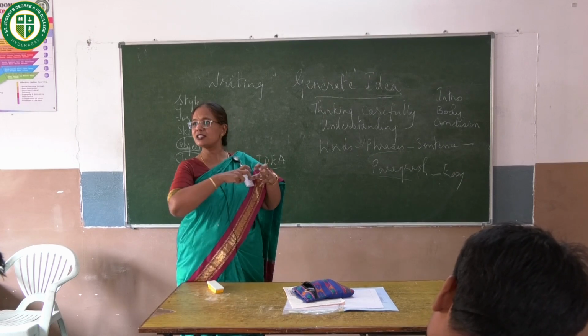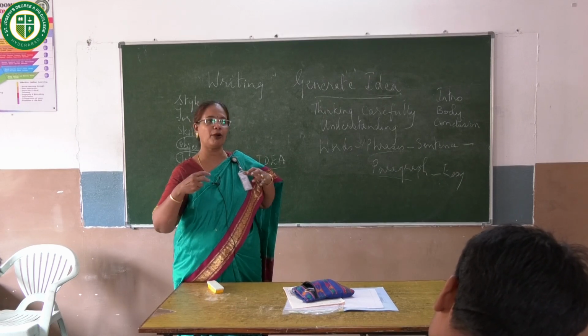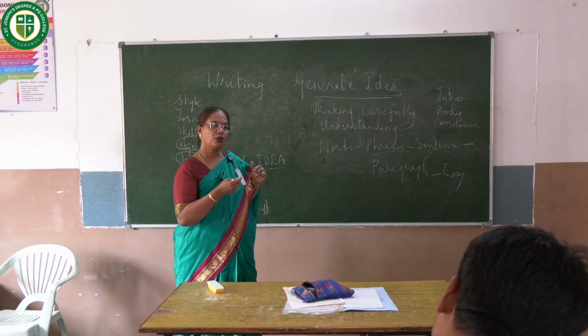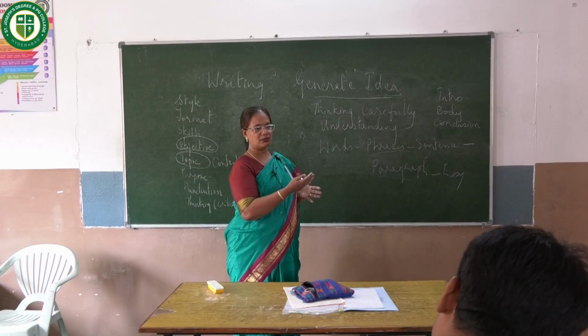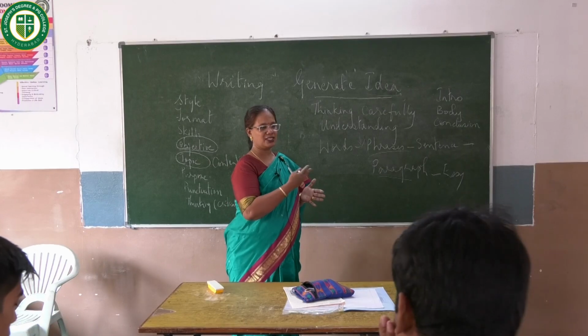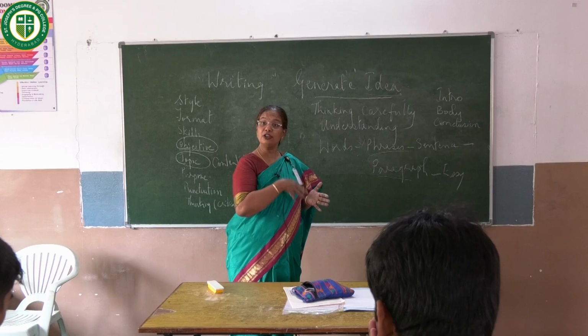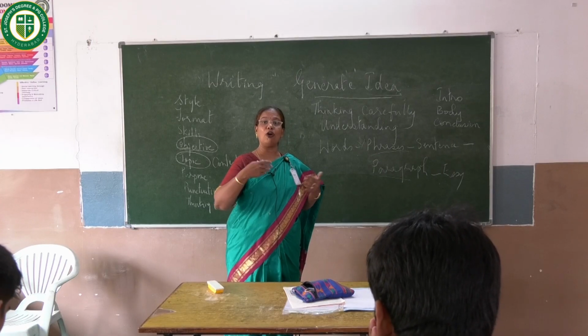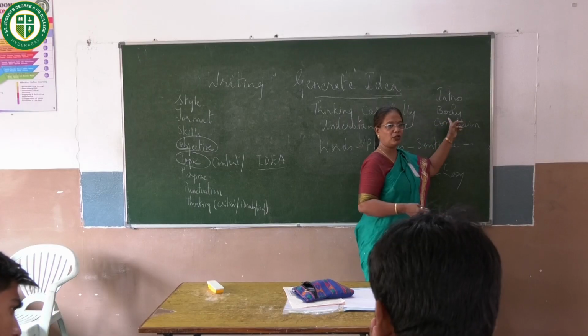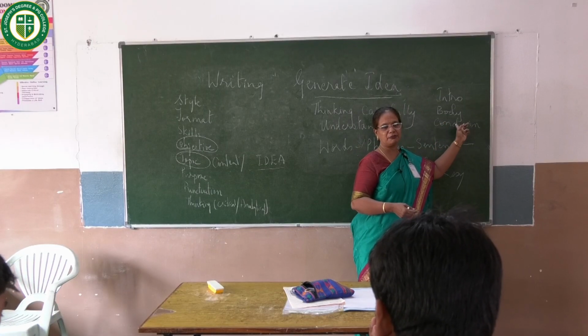The same idea has been extended there in the body of your paragraph. Yes or no? So there you talk about the comparison, contrast, cause and effect, certain similarities, and you are going to describe that idea all the more. So all these aspects are covered in the body of your paragraph.